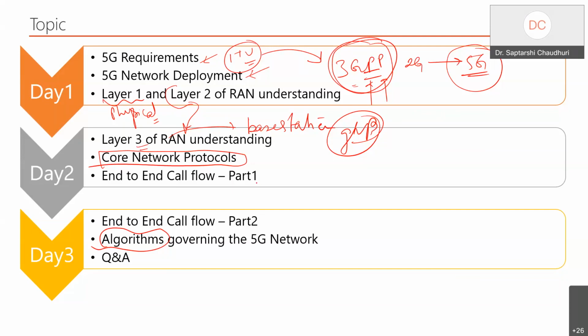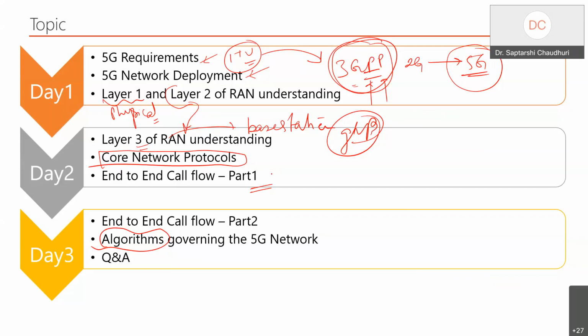I will then try to go into the call flow. Here I want to project that when you try to browse, stream, or talk, there are a lot of things that happen in the background, so complex, with so many entities.